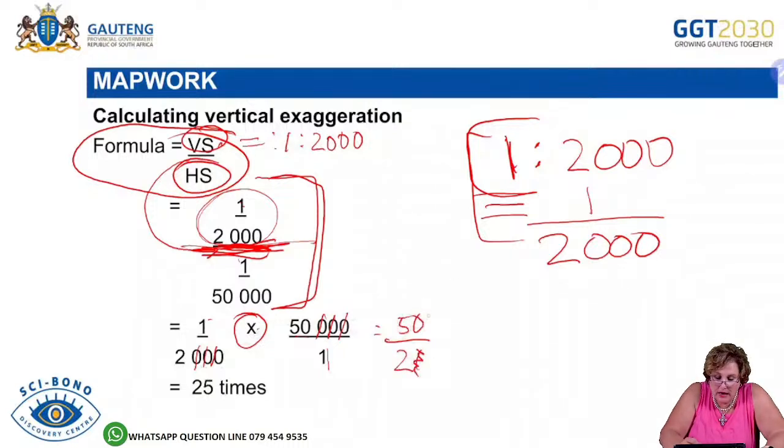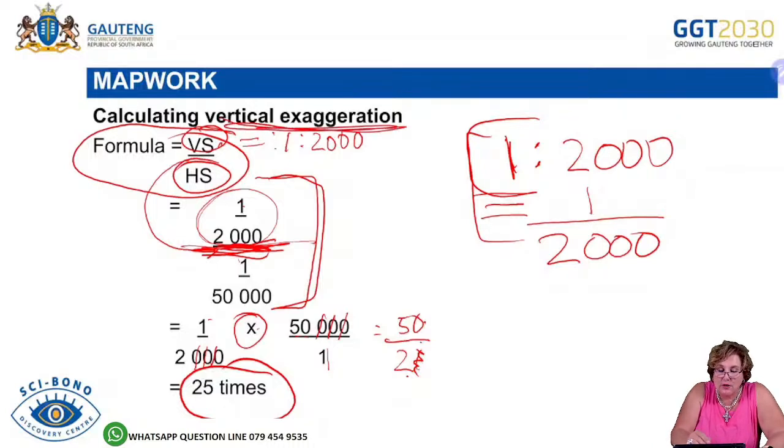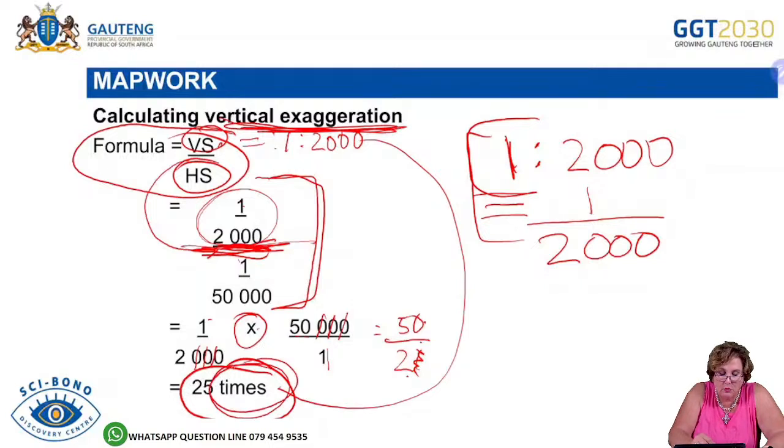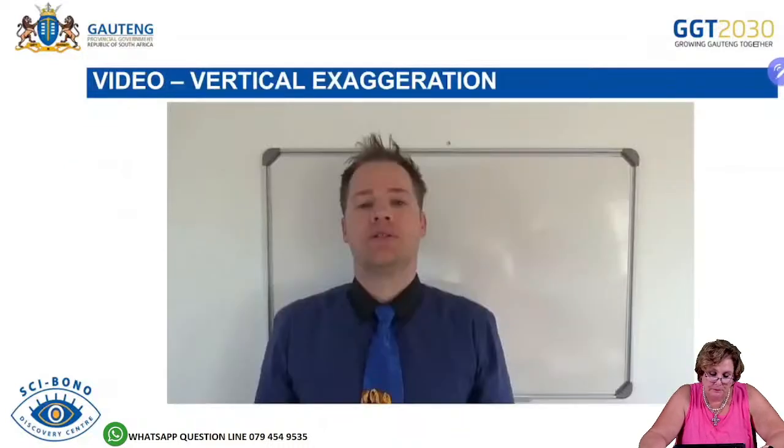So I have here basically 50,000 divided by 2,000, which is 25 times. When you do vertical exaggeration, your answer must always have the word times in. Very easy. And let's check this video quickly on vertical exaggeration.